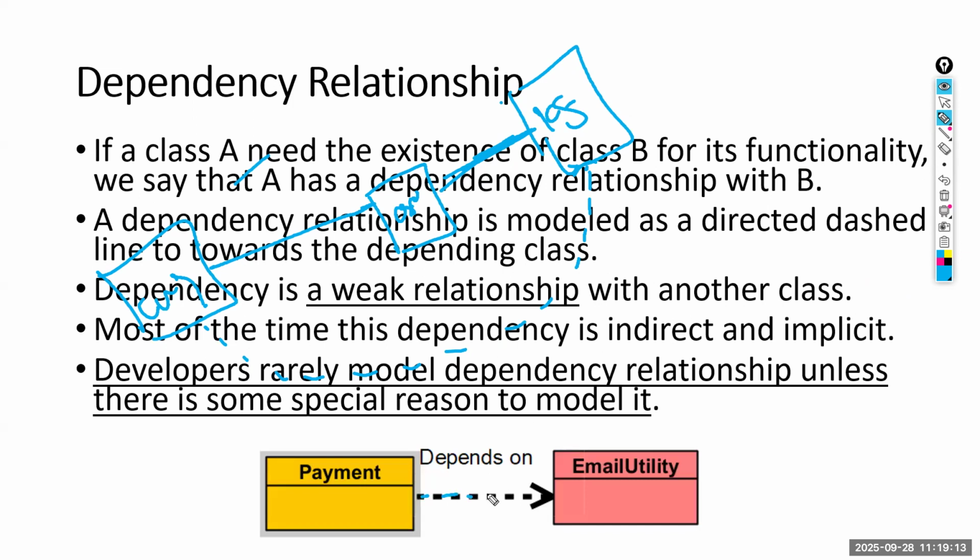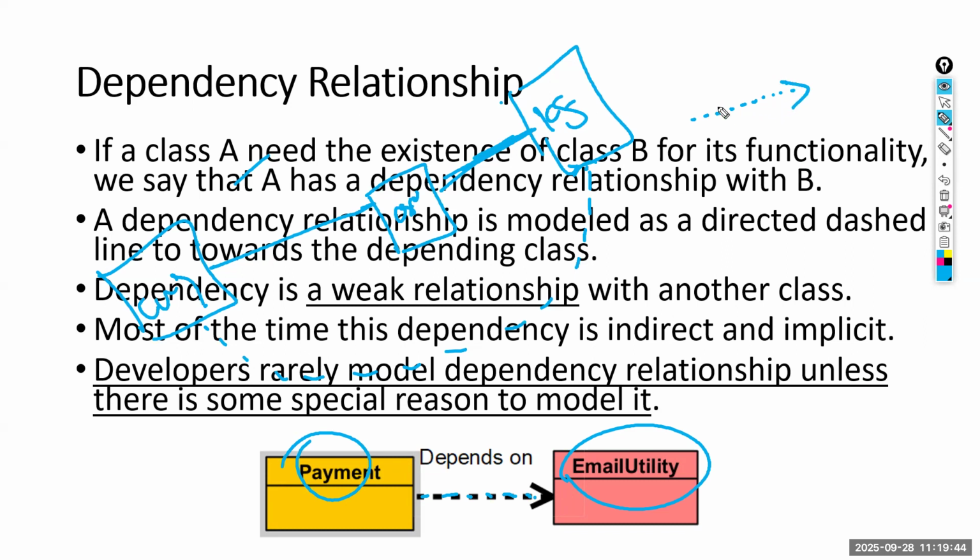So this payment class depends on email utility. Payment doesn't directly call it. But maybe you call some other behaviors of another class, and maybe that class uses it. So therefore, you also depend on that. Right? So because this is the weakest, we just use a dotted line and open arrow.